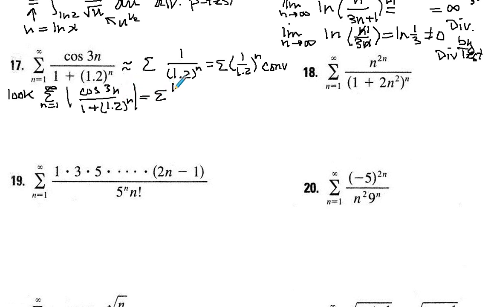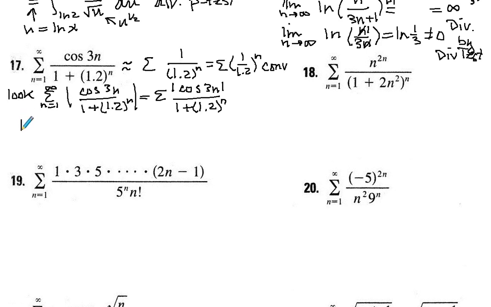So it's going to be the sum of absolute cosine 3n over 1 plus 1.2 to the n. And then let's see, we can do a direct comparison of this. So we can overestimate the top with a 1. We can do comparisons and get back down to something like this again.